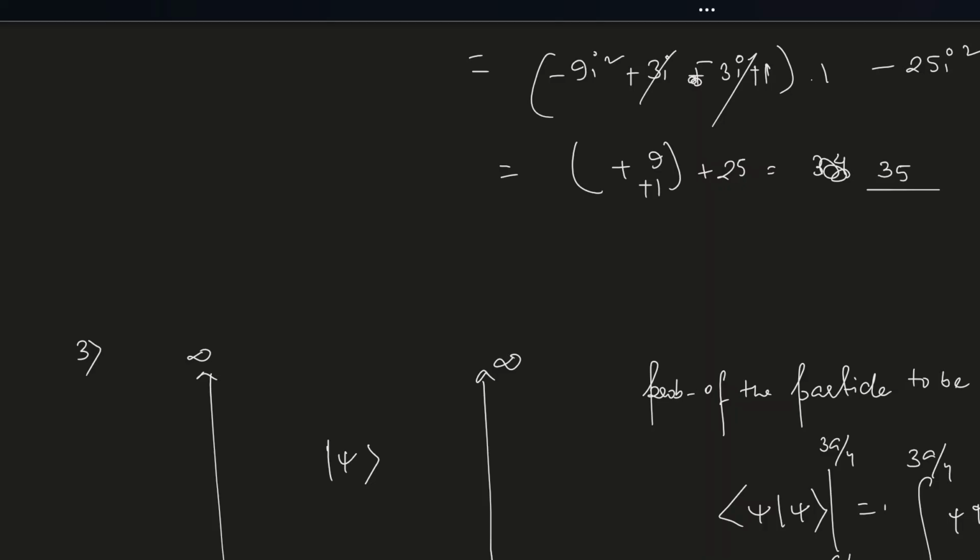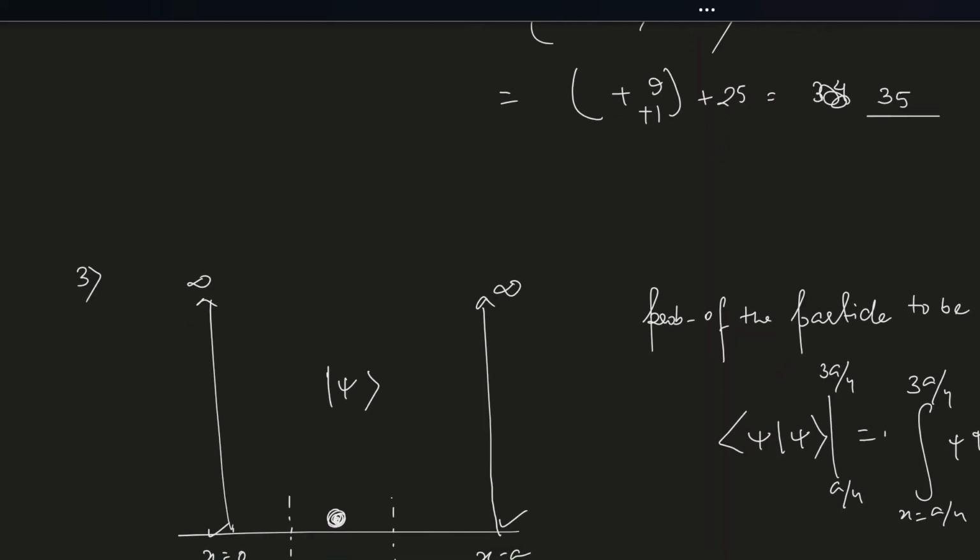Now to normalize you have to divide by the normalization factor, and that is the integral from 0 to a. This is the normalization factor squared, because this thing has to be 1 to normalize. That means this is the normalization factor.